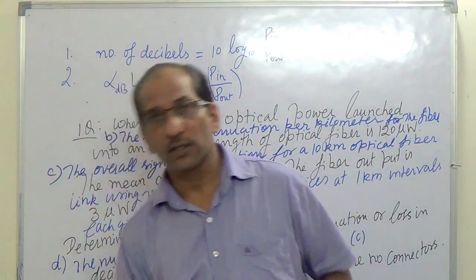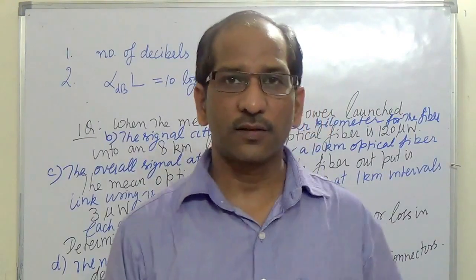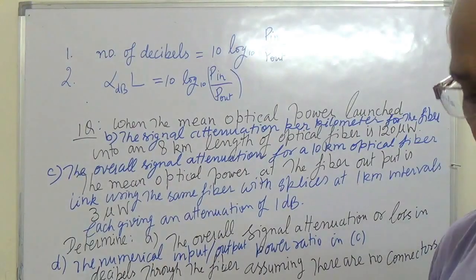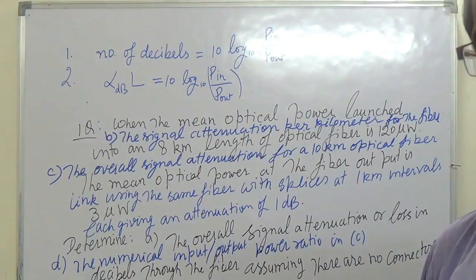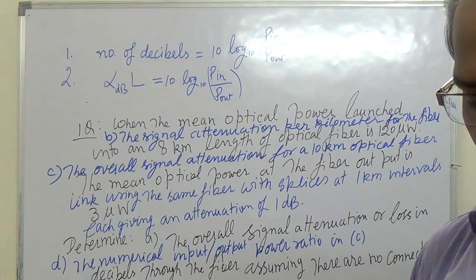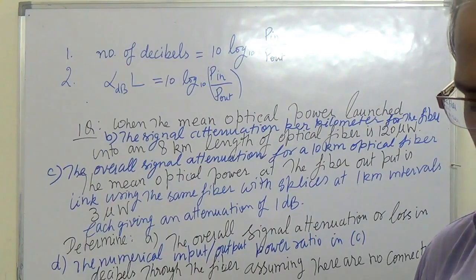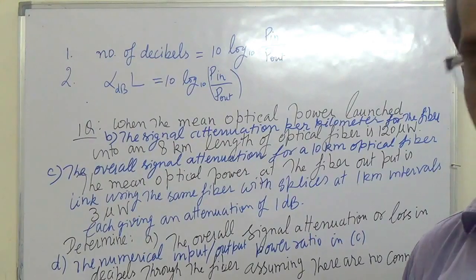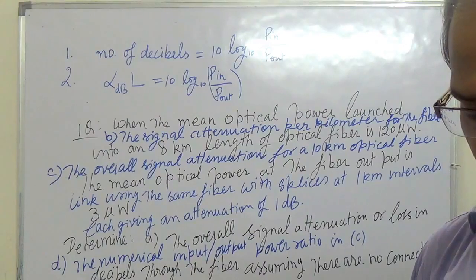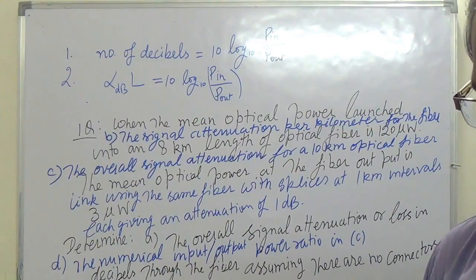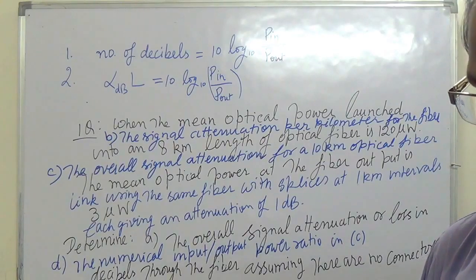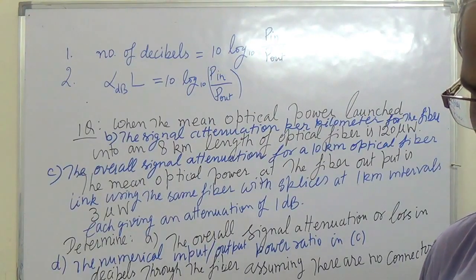So I am repeating this question again. The question is, when the mean optical power launched into an 8 kilometer length of fiber is 120 microwatt, the mean optical power at the fiber output is 3 microwatt. So in this statement, what is given?